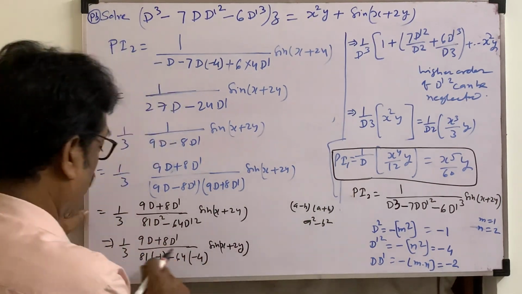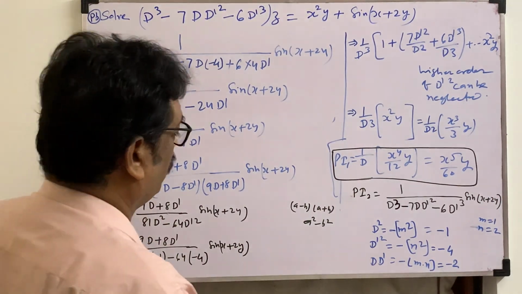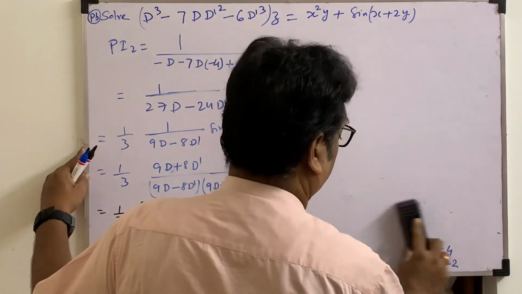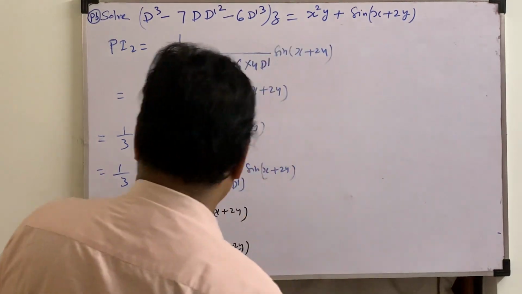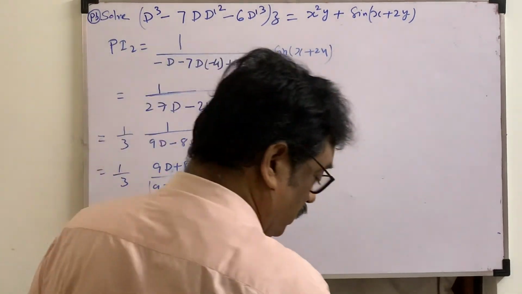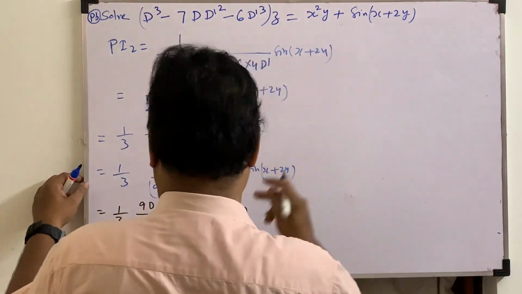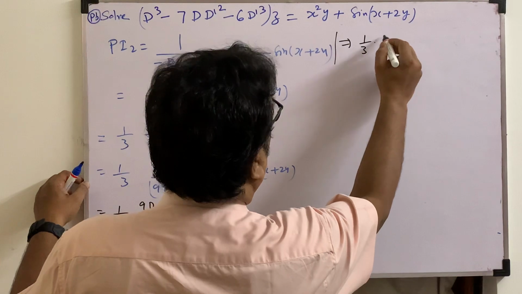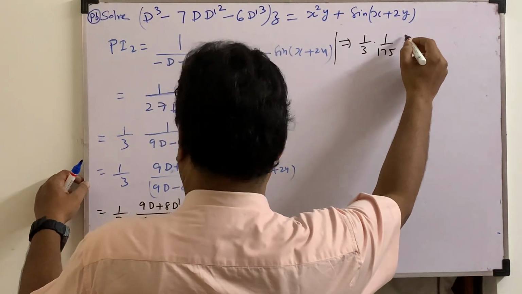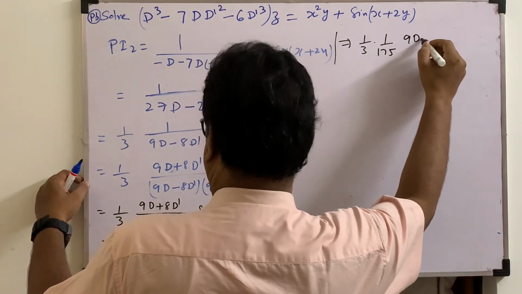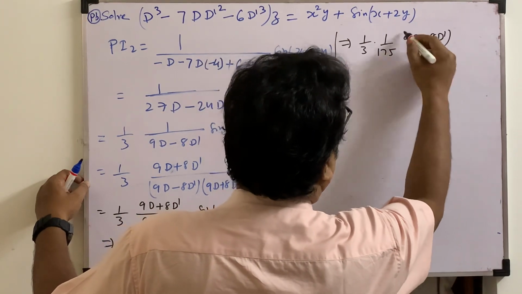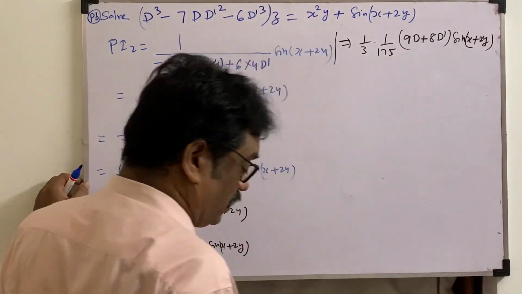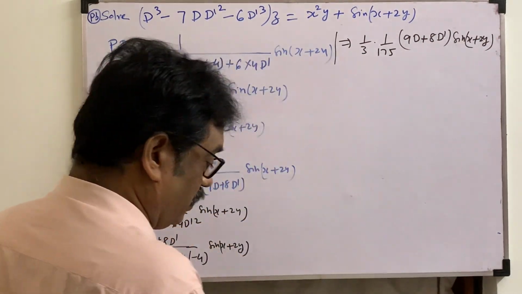Now we'll solve the denominator part. 81 and 64, how much will come? 175 will come. So that implies 1 by 3 into 175, 9D plus 8D dash, sin x plus 2y.